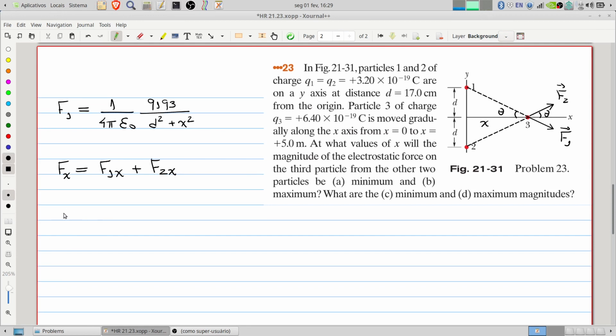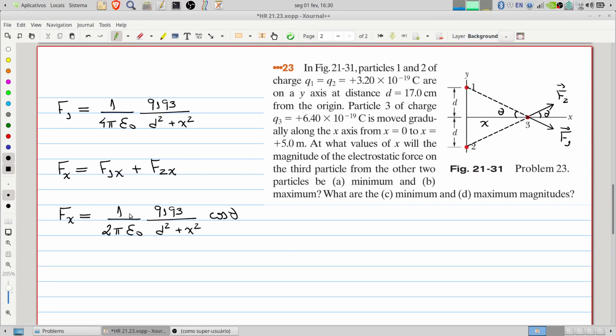So we will have Fx equals this force, but we sum two equal forces, so here we have 2 instead of 4, and both will be multiplied by cosine of theta, because we are projecting the force in the x direction.